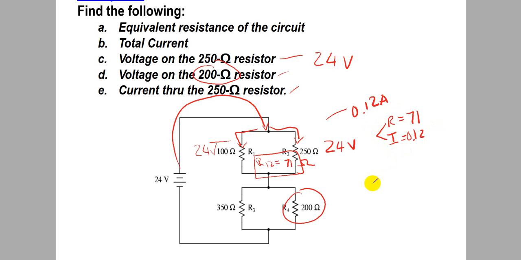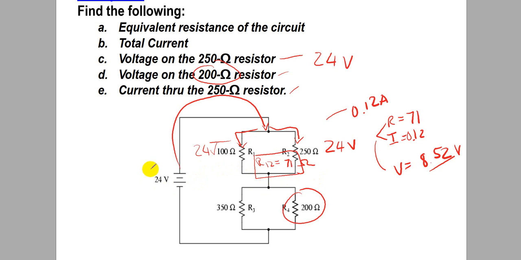So we take 71 multiplied by 0.12. We get a voltage of 8.52. So after the voltage goes through this combined resistance, it will drop 8.52 volts. So how much is left?